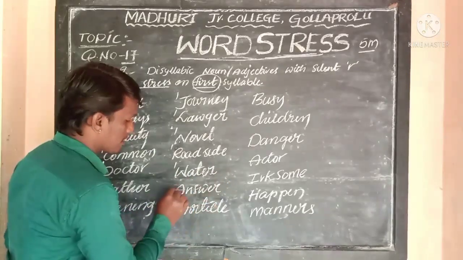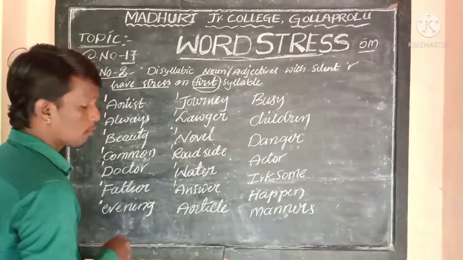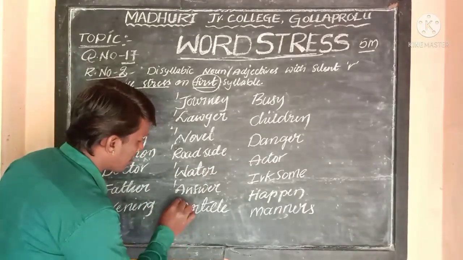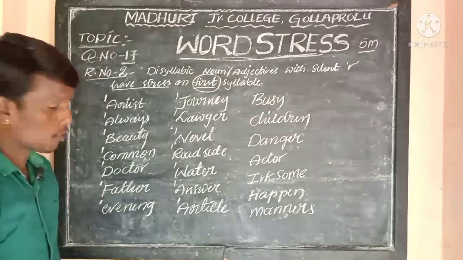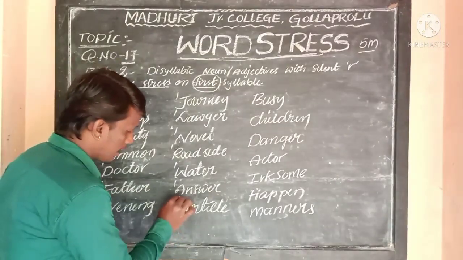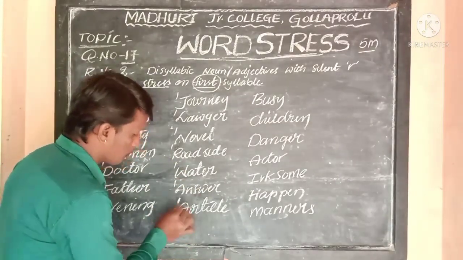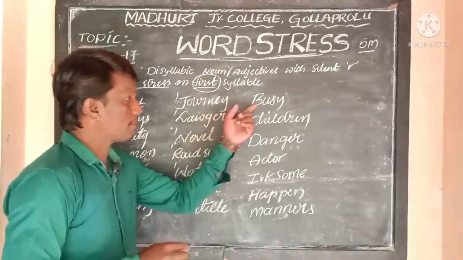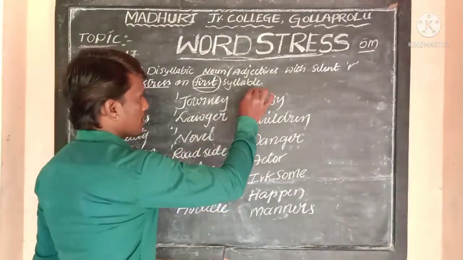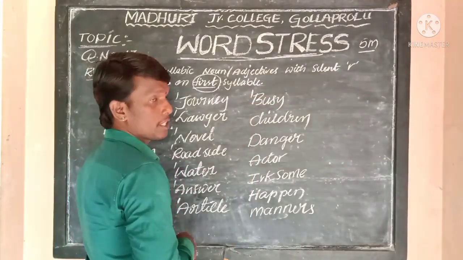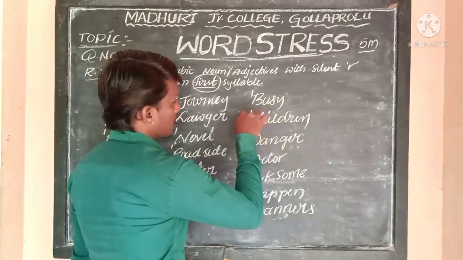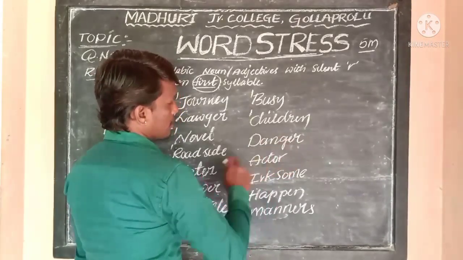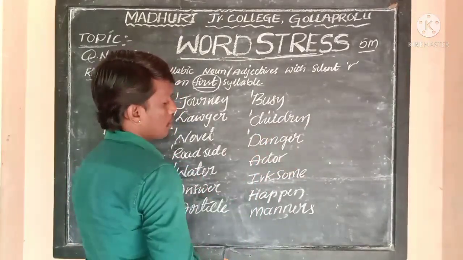Here answer, R is silent, a disyllabic word, so stress is on the first syllable. And next, article, also a disyllabic word, so stress is on the first syllable. Now busy, stress is on the first syllable. Children, stress is on the first syllable as it is a disyllabic word.